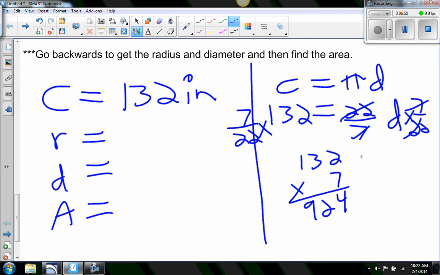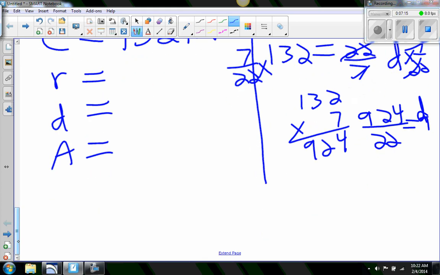So I have 924, and I need to divide it by 22 yet to find my diameter. So 924 divided by 22 should give me my diameter.